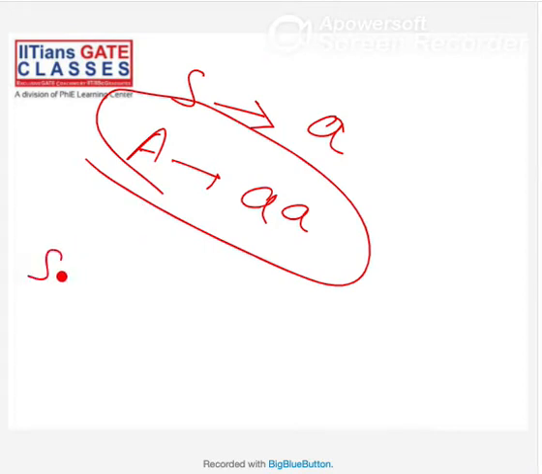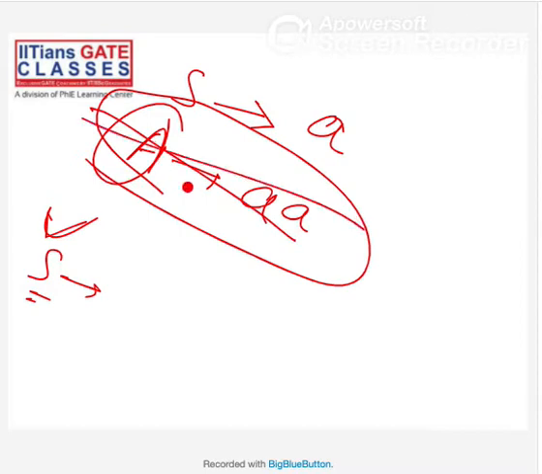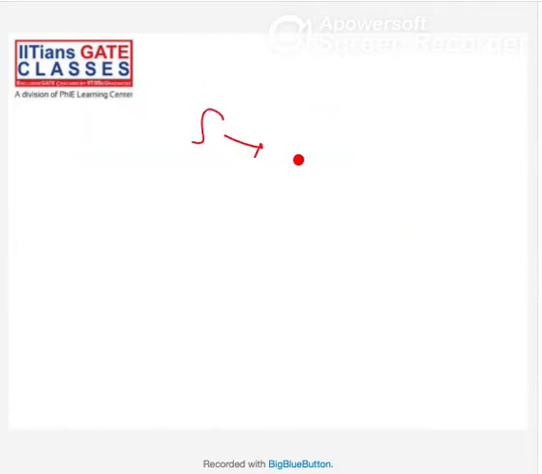Because of course you will start from the starting symbol, S. When you start with S, you can never reach this A. Because you can never reach it, this symbol A is useless, so you can remove it. Again the simplified grammar will be S goes to a. This is your simplified grammar.